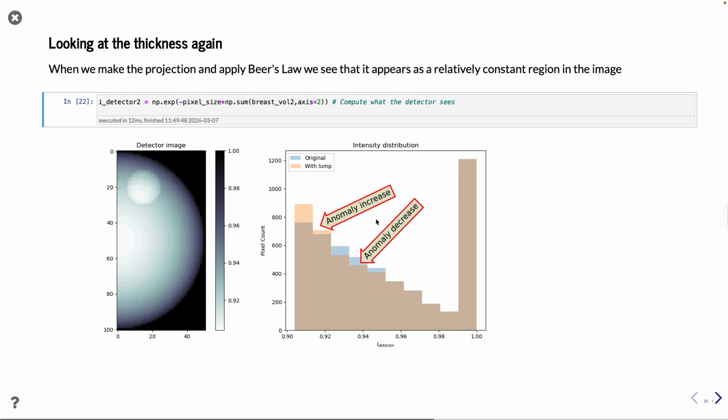So this is just reshuffling the gray levels in the histogram. And that would still be pretty tricky to do a detection on, but at least we see that there is a redistribution of the gray levels, depending if it's healthy or not.